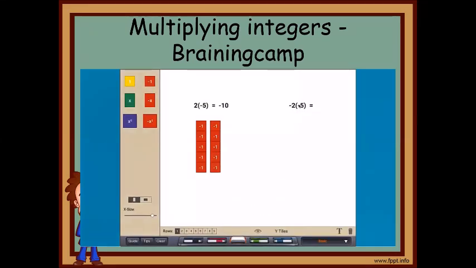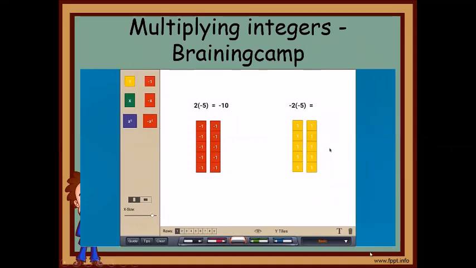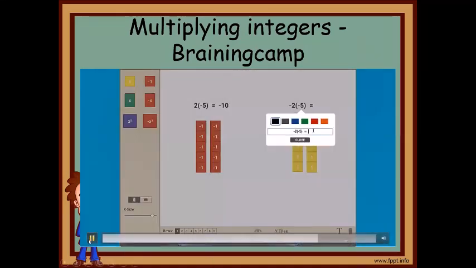So -2 times -5 is like removing 2 groups of -5. Recall that 0 pairs have no value, so add 0 pairs until there are enough negative tiles to be able to remove 2 groups of -5. After removing 2 groups of -5, there are 10 positive tiles remaining. So -2 times -5 equals 10.